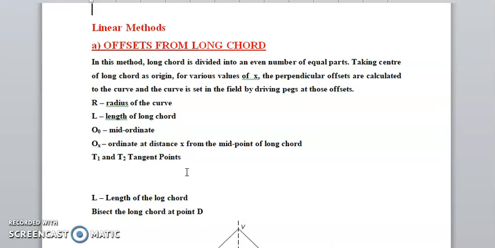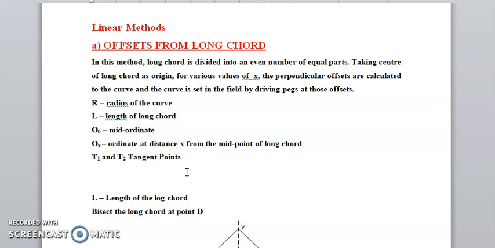R is the radius of the curve. L is the length of the chord. O0 is the mid ordinate. Ox is the ordinate at distance x from the midpoint of the long chord.